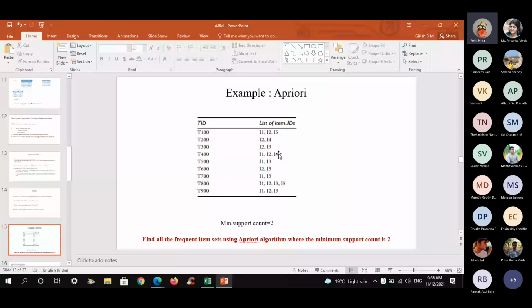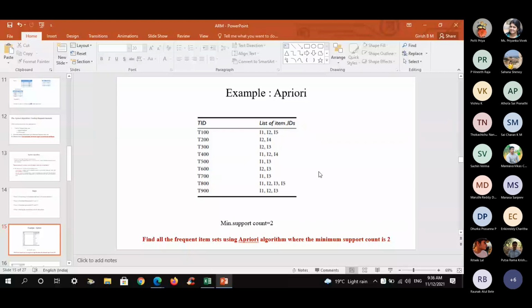Okay, let us take this table. Here in this table, there are transactions. How many transactions? 1, 2, 3, 4, 5, 6, 7, 8, 9. There are a total of 9 transactions. And the items appearing in these transactions are I1 through I5.